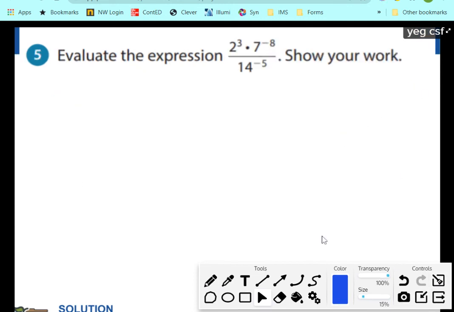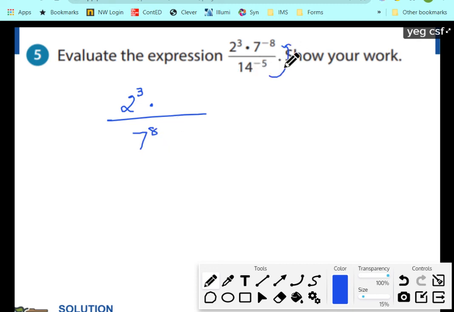Clear this. Okay, this is the last one. Evaluate this expression, so that means we have to simplify this. Okay, let's see what we can get. So 2 to the 3 and then 7 to the negative 8 is a negative exponent. I'm going to bring it down so that it becomes positive 8. And then 14 is a negative exponent.